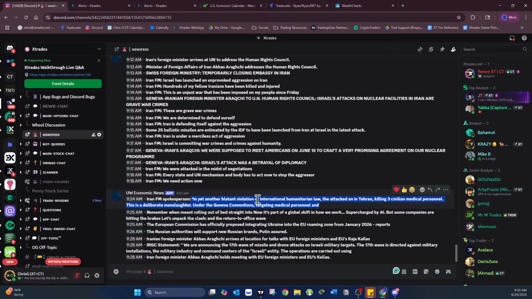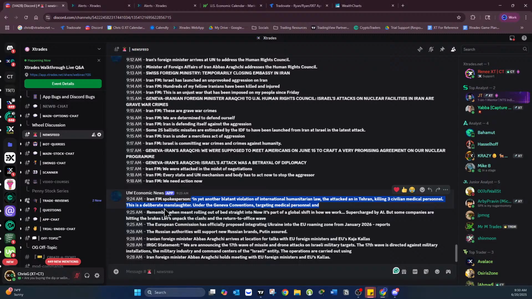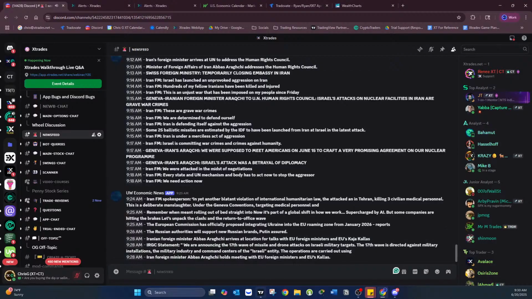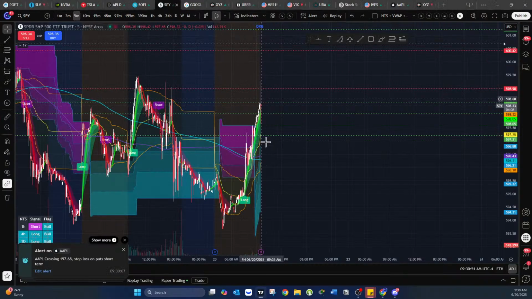In yet another blatant violation of international humanitarian law, the attack on Tehran killing 3 men is manslaughter. Oh my God, this is getting ugly in Iran, man. Iran and Israel stuff. Brutal. I don't know why we're pumping. Not seeing anything relevant to moving upwards here, so I don't know what this candle was about.